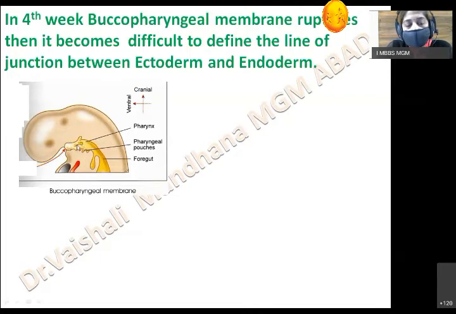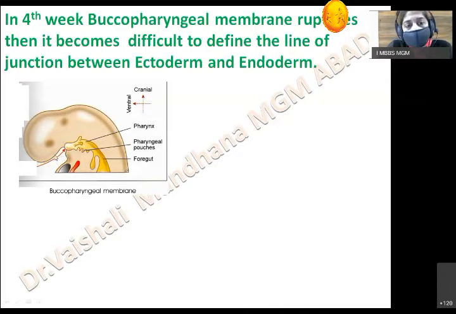That is from where you are getting the pharyngeal arches. So between the stomatodium, which is ectoderm, and the cephalic part of the foregut, which is endodermal in origin, here the membrane is called as the buccopharyngeal membrane. This is the buccopharyngeal membrane.